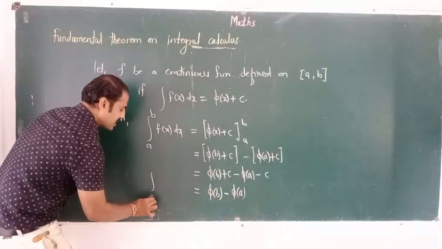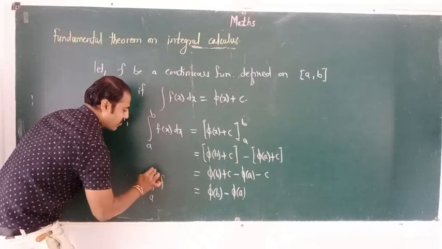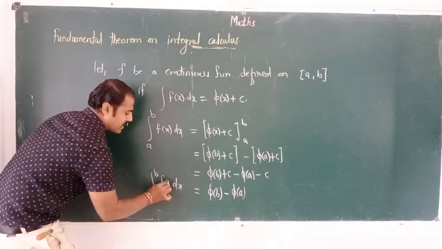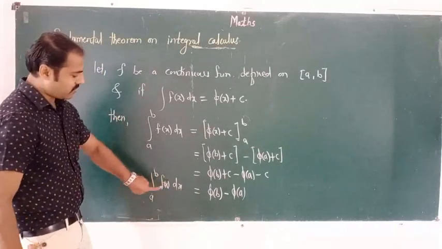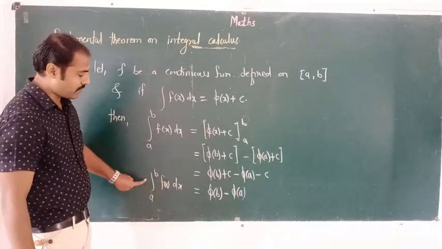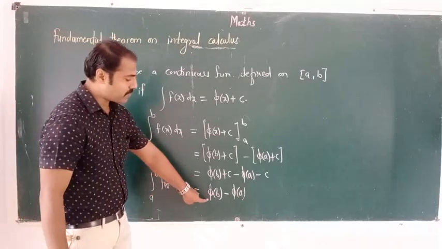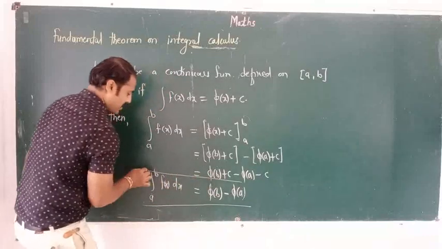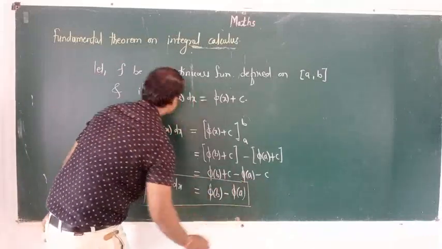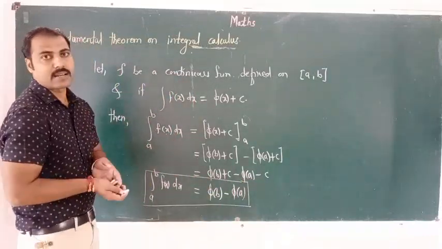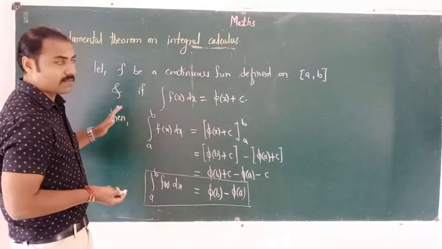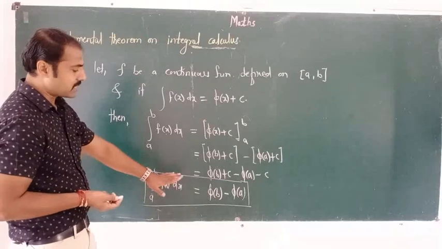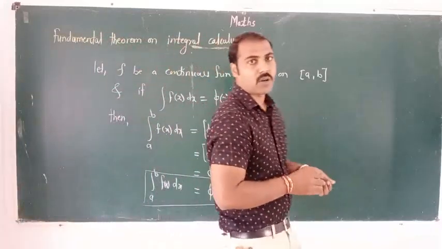That is, the definite integration of f of x dx over the closed interval [a, b] is equal to the value of the primitive at the upper limit minus the value of the primitive at the lower limit. It's the fundamental theorem on integral calculus, and the theorem is without proof. So the integral a to b f of x dx is equal to phi of b minus phi of a.